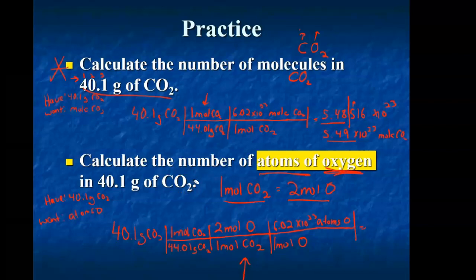So when we put that in our calculator, we still have 3 sig figs. So here's what my calculator said, 1.09703 times 10 to the 24th.